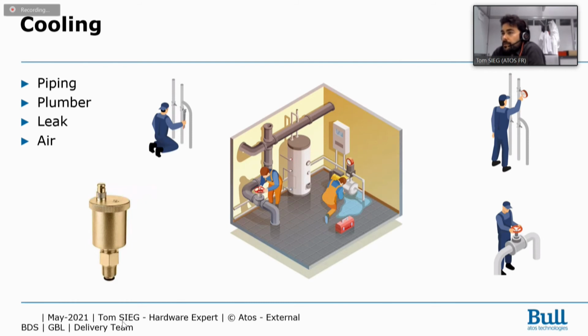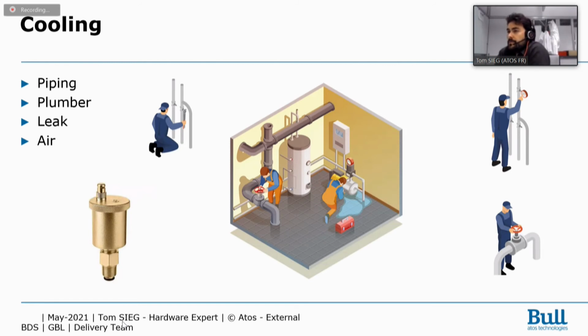So you will connect the rack in case of a direct cooling solution. You will connect the water cooler. You will connect maybe the heat exchanger. And you will open the valve. When it is the moment to open the valve, you have to keep two words in mind: leak and air.